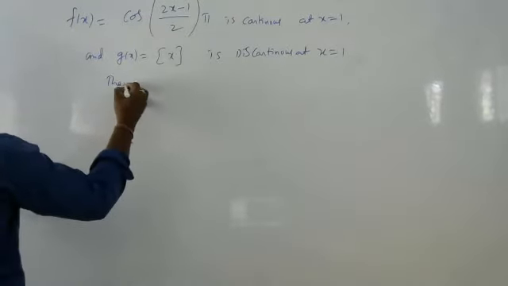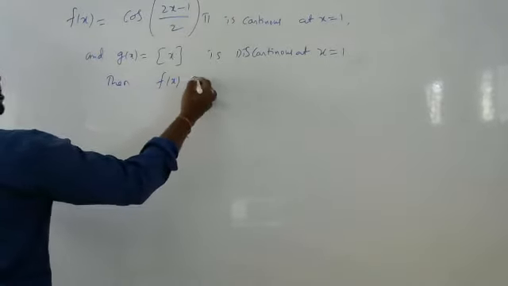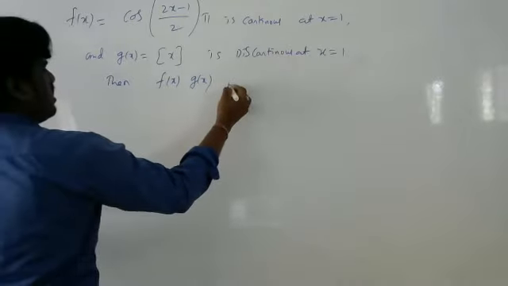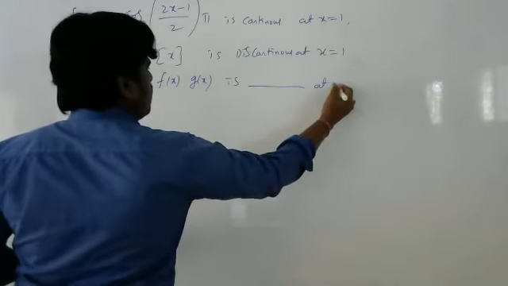Then f of x into g of x is dash at x is equal to 1.